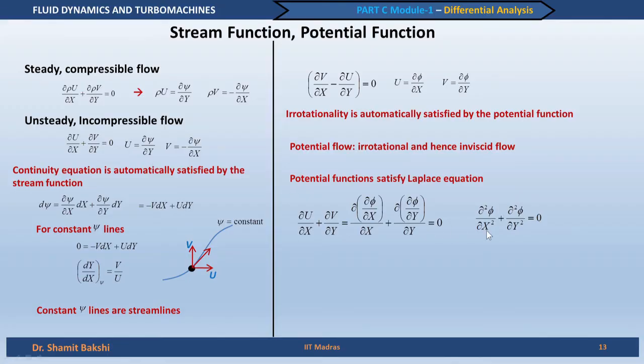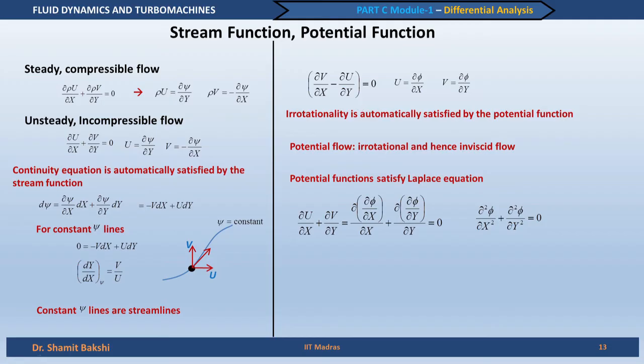Let us see if we do this kind of thing for the stream function, or we ask the question whether the stream function should satisfy the Laplace equation or not. The answer comes directly if we plug the values of the u and v velocity in terms of the stream function into the irrotationality criteria. If we do that, we see that the stream function, if the flow is irrotational, will also satisfy the Laplace equation.